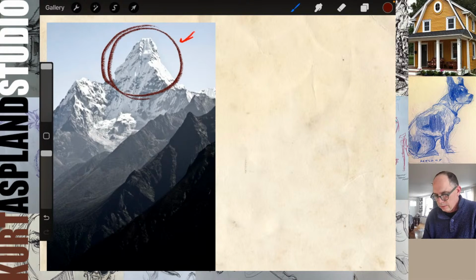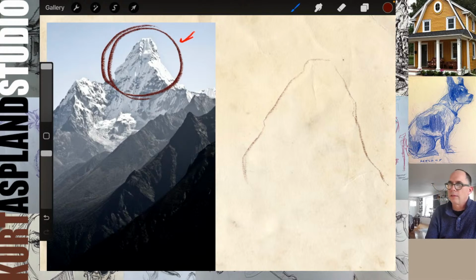There's a lot of leeway here. We're going to come up, going down both sides of it. Okay, so there is the outside line here.